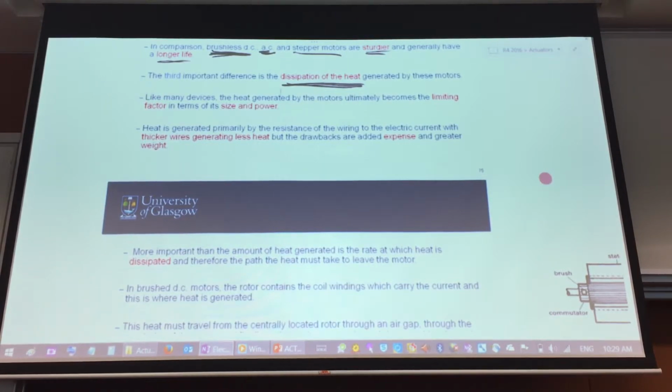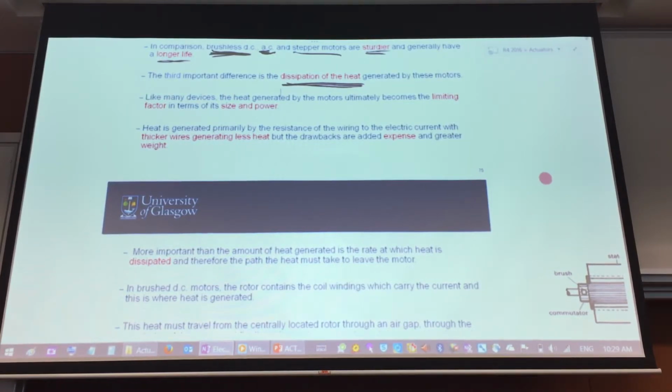Now, some people actually argue, okay, you have a lot of heat that's generated for your brushed DC motor, but I really love a brushed DC motor. How about if I were to increase the thickness of the wire? Because if you increase the thickness of the wire that's coiling inside the brushed DC motor, it can accommodate higher current.